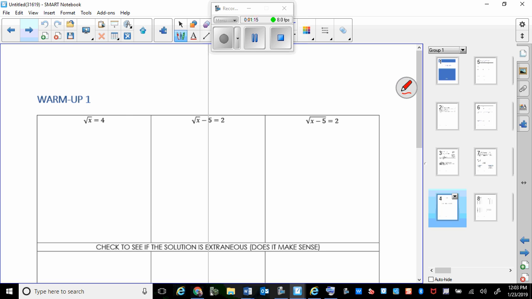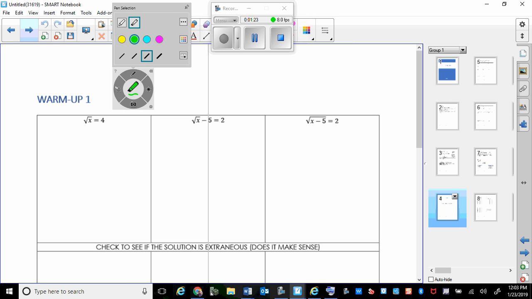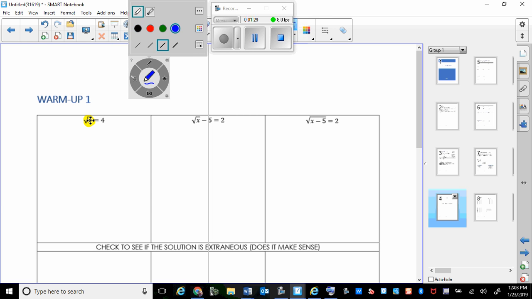For radicals, we want to make sure that the radical is by itself. So if I look, this radical is by itself, and the way I get rid of a square root, I'm going to rewrite this problem, is I square both sides of the equation.